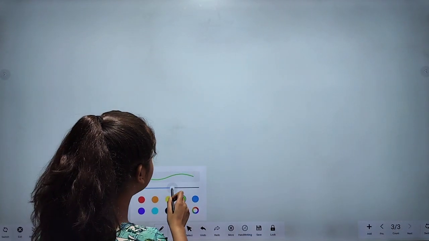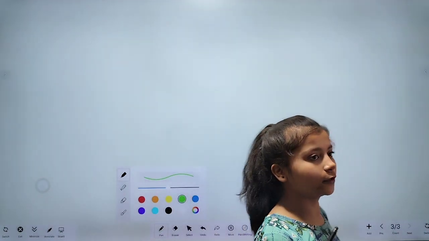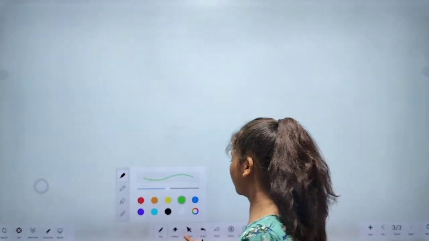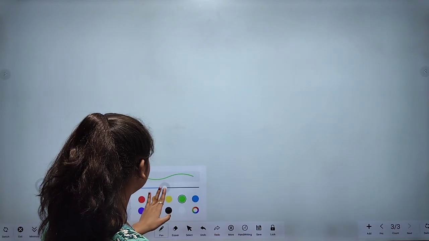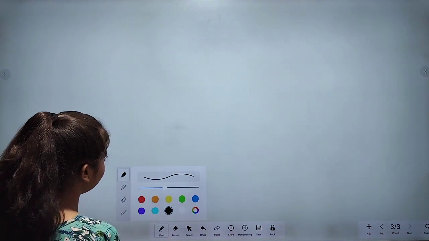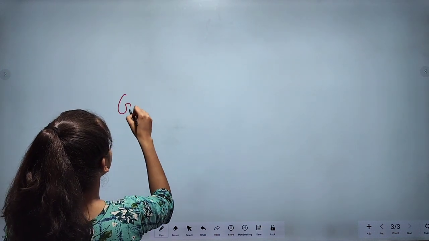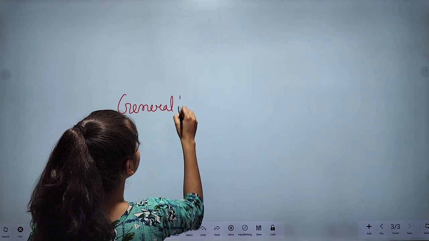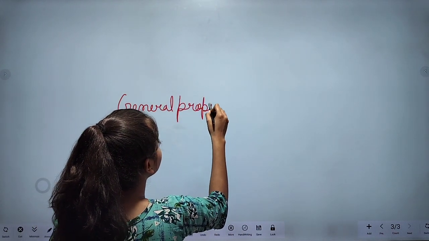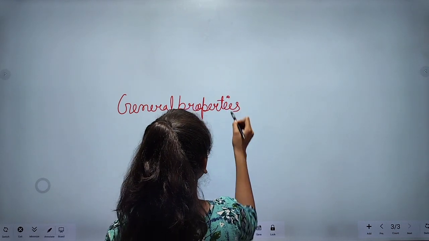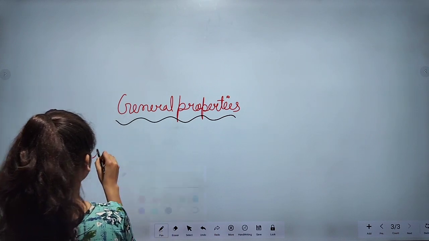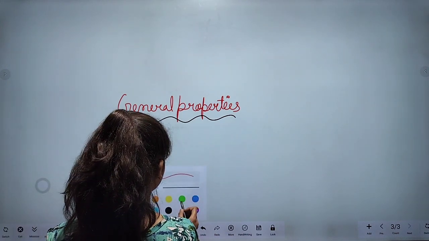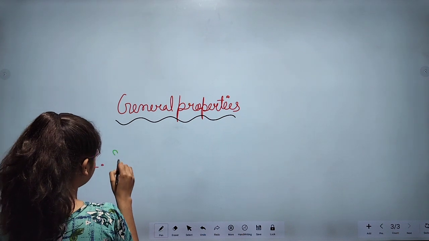We compare all of these on the basis of general properties like volume, shape, intermolecular space. Okay, so let's start. So our first general property is shape.